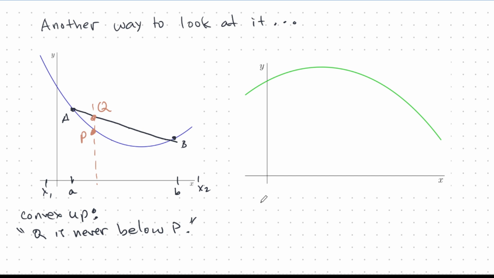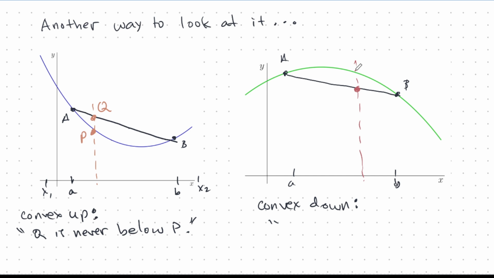And for convex down, we create the similar definition. We have A and B like this, and the point A up here, point big B. Our chord now is this way, and I draw a horizontal line anywhere. What do I have here?